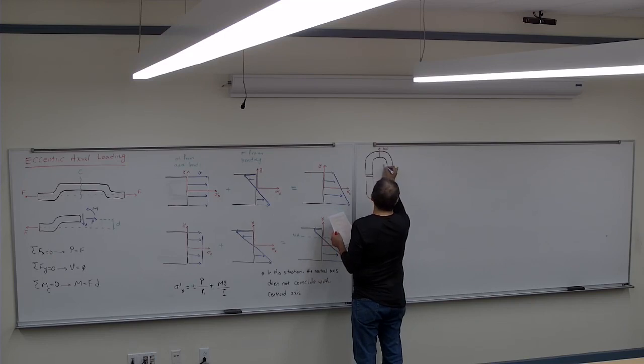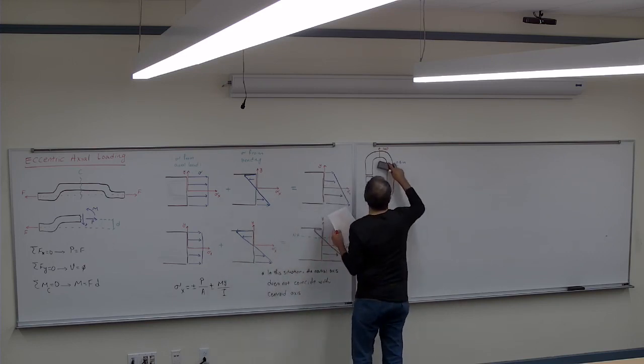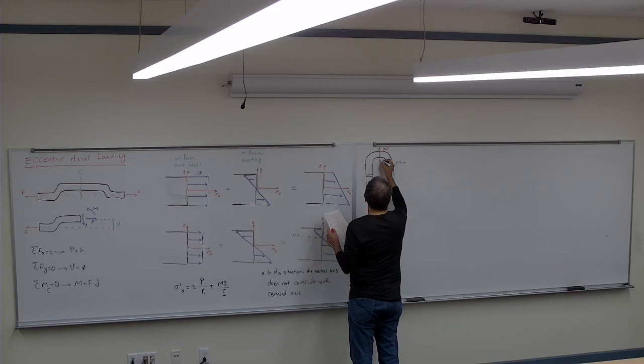So it says if the diameter is 0.5 inch and the distance between the load and the center here is 0.65.